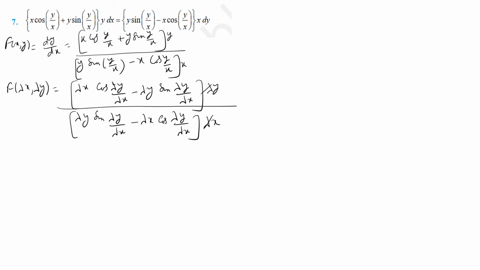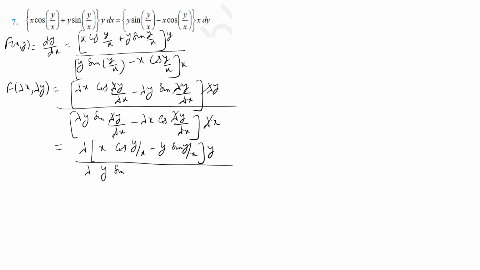You will find that all the lambdas come out, and they get cancelled with the denominator also. So this is a homogeneous differential equation, of a homogeneous function of degree 0.